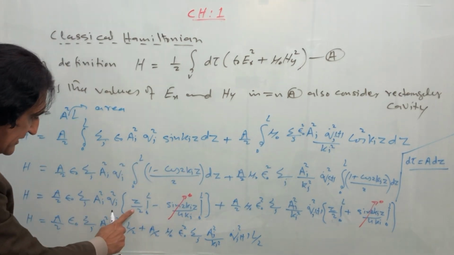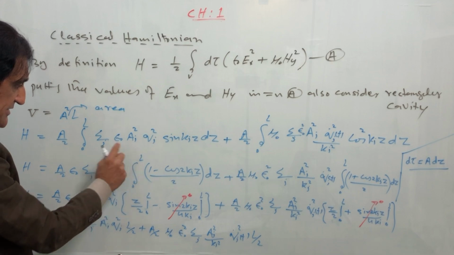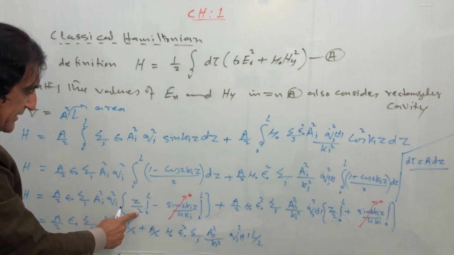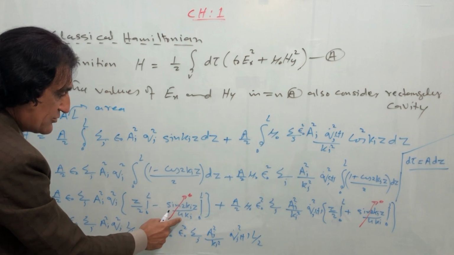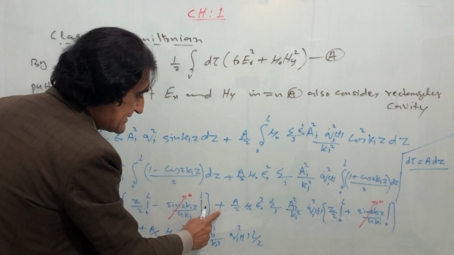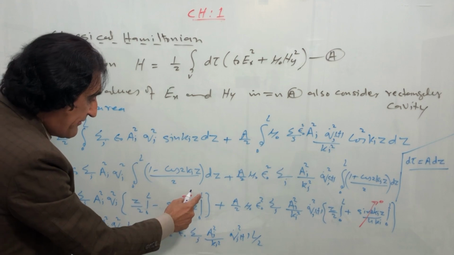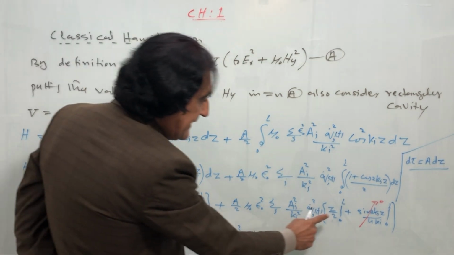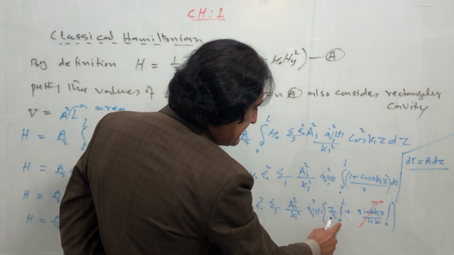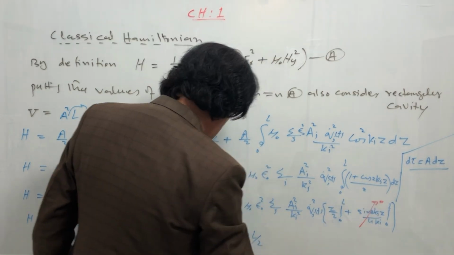By taking the limit from 0 to L, we get z divided by 2 from 0 to L, and the integration of the cosine term, from 0 to L, goes to 0. The same integration can be solved, and this term will be equal to 0.